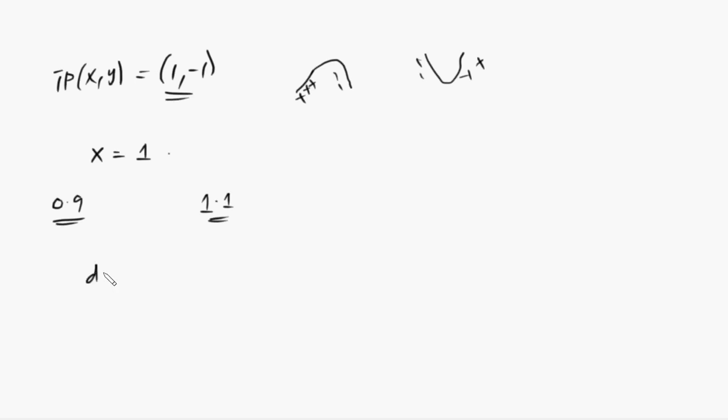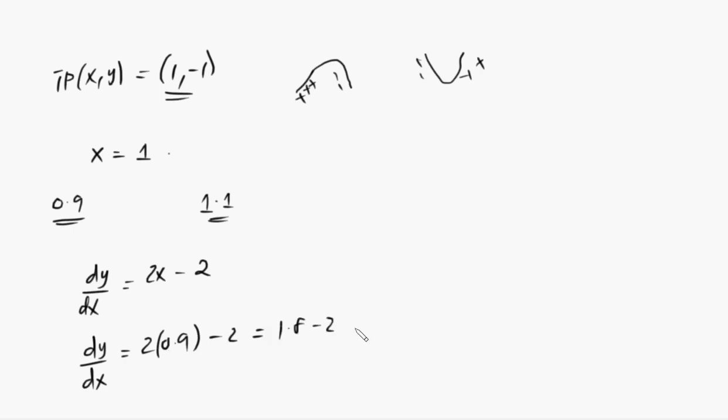Now remember, dy dx we get is equal to 2x minus 2. So for less than 1, okay, dy dx will be, we take 2 times 0.9, since less than 1 is what we chose. So it's just 1.8 minus 2. Okay, 2 times 0.9 is 1.8 minus 2, which is going to be negative 0.2.